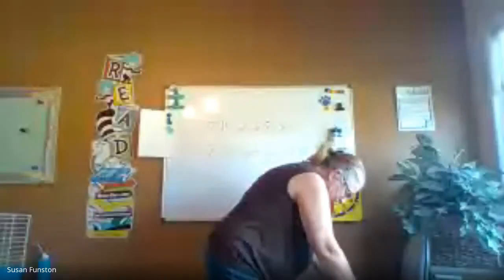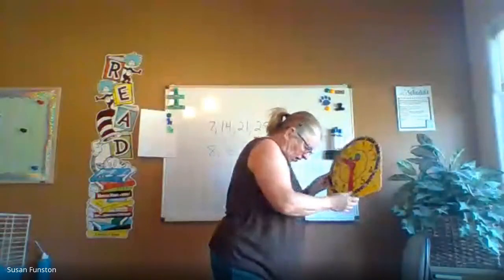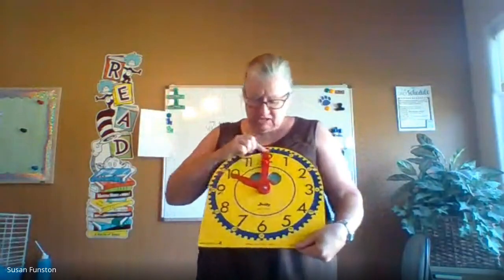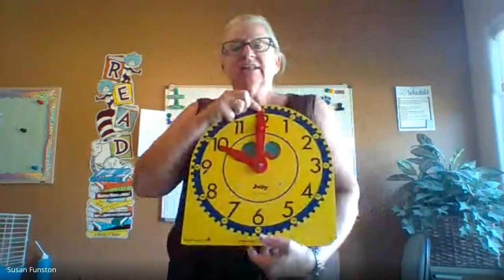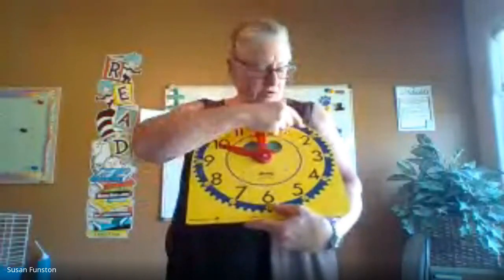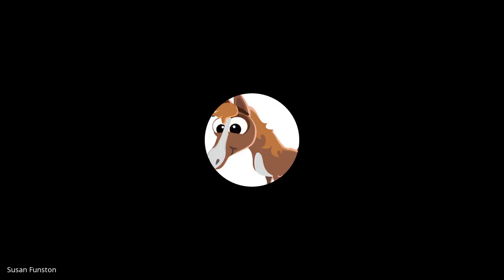Let's take a look at our clock. All right, so what time is it on my clock? That's right, it's 10 o'clock. Let's count by 5s. So remember, every number is 5 minutes. Let's count by 5s until we get to 11 o'clock. Ready?